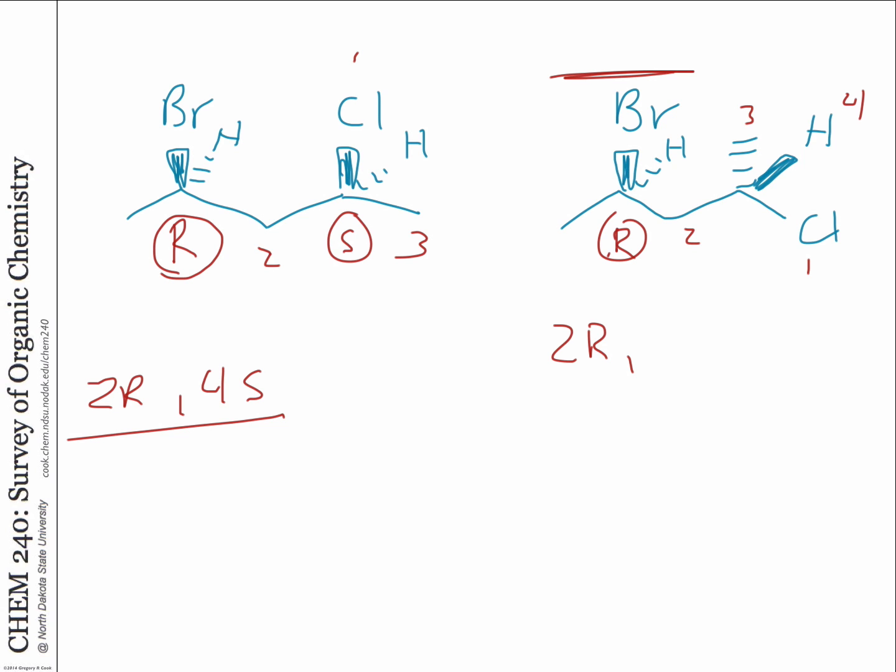I'm sorry, it's clockwise. So the hydrogen is pointing up, not away from you, and you need your left hand to do that. So that's the S configuration. Okay, so it's 2R, 4S. The relationship between them: identical. They're exactly the same.